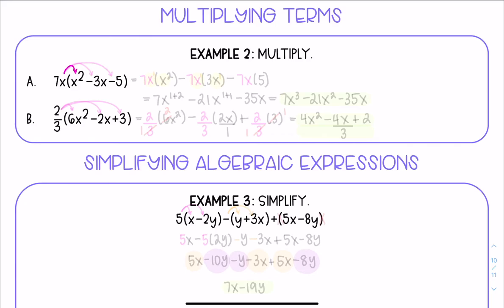So we need to distribute the 7x to all three pieces. So we have 7x times x squared. We've got 7x times 3x. And we've got 7x times 5.